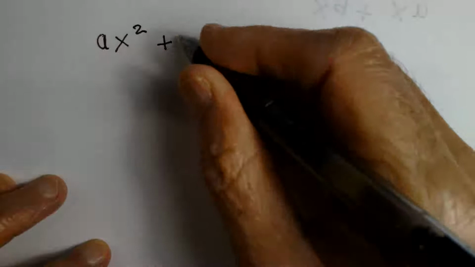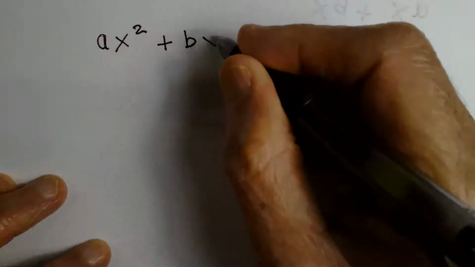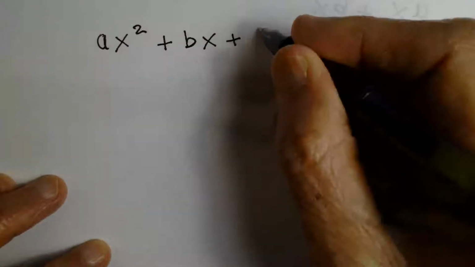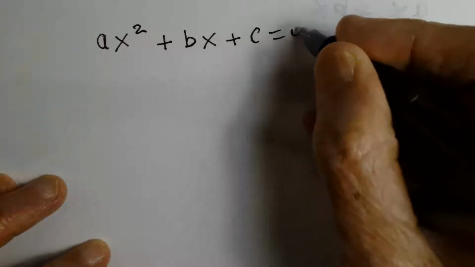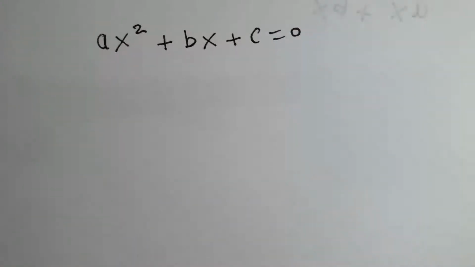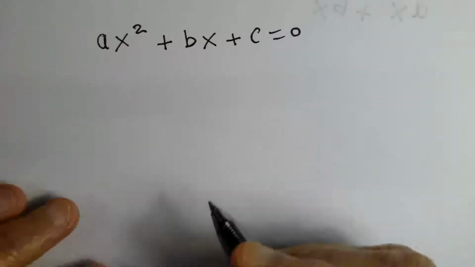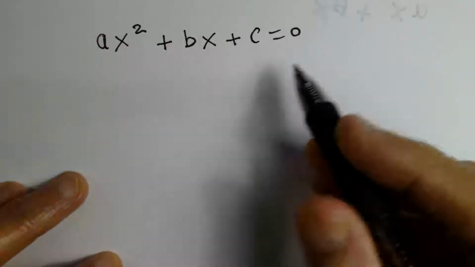Okay, so this is the quadratic equation ax squared plus bx plus c equal to 0. Now let's divide both sides by a.